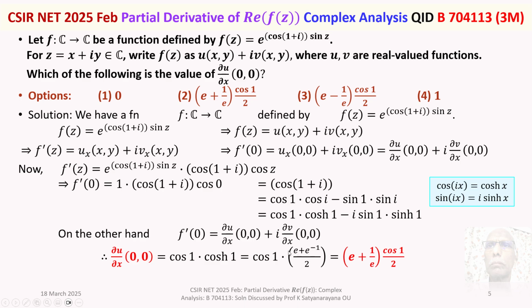With 1 by 2 taken out, it is cos 1 by 2 into e plus 1 by e. Let's look at our options. Our answer, e plus 1 by e multiplied by cos 1 by 2, appears against option 2. Therefore, option 2 is true. The answer to this question is option 2.